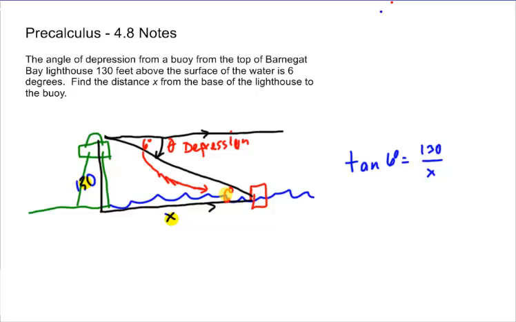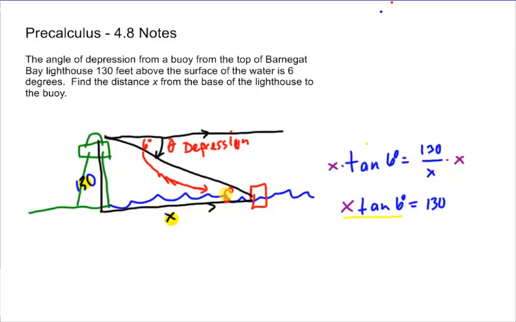So how can you solve for x? You can either take the reciprocal or cross multiply, or whatever you want to do, but if you multiply both sides by x to get the x out of the denominator, you get x tangent 6 degrees equals 130, and then divide everything by tangent of 6.